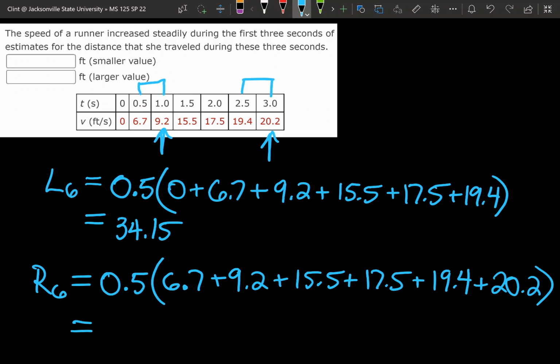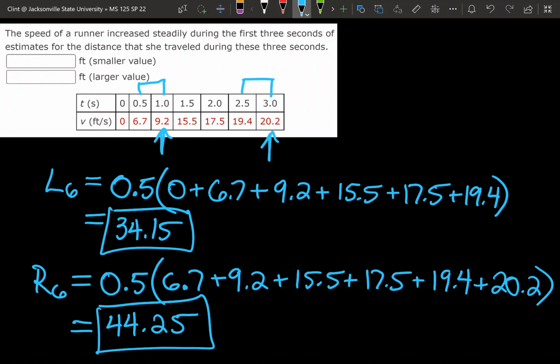And then for the other one, 6.7 plus 9.2 plus 15.5 plus 17.5 plus 19.4 plus 20.2 times 0.5, I get 44.25. And there's my two answers.